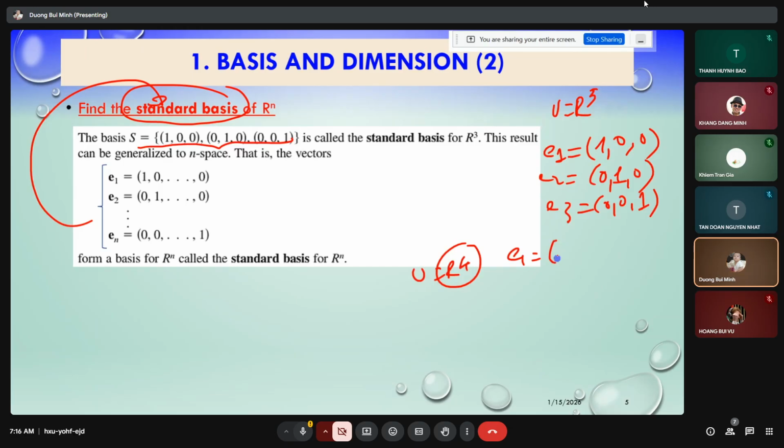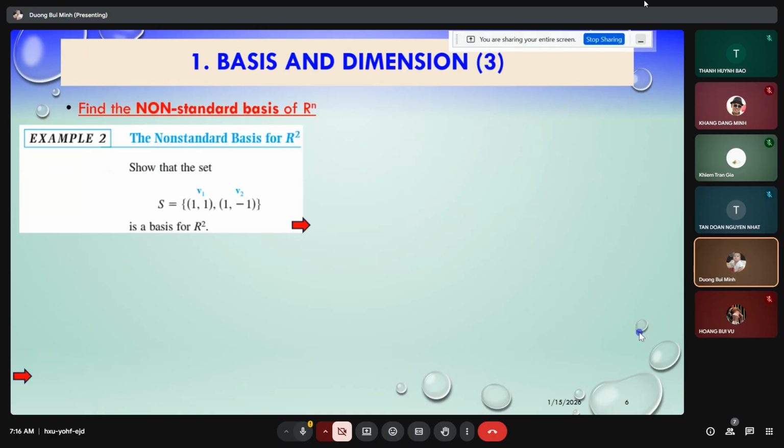E1 is 1 0 0 0, E2 and E3 similarly, and then E4 we have 0 0 0 1, right? Okay, we say this is a standard basis. Now, non-standard basis.